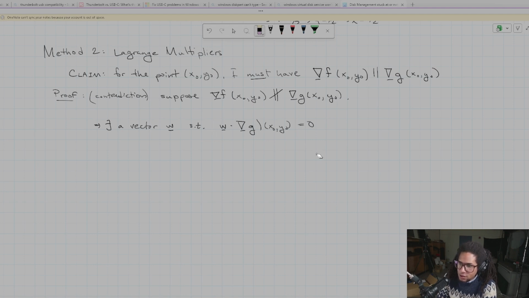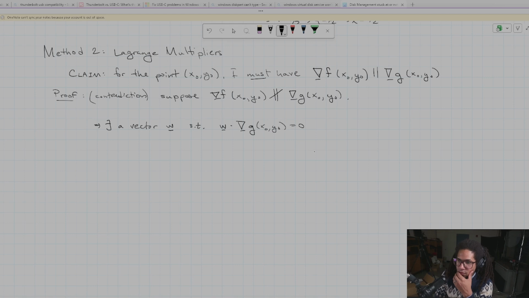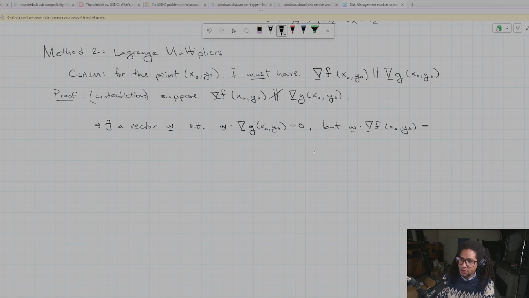But the directional derivative in the w direction of f is non-zero.